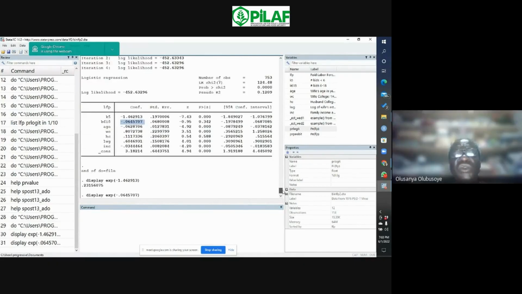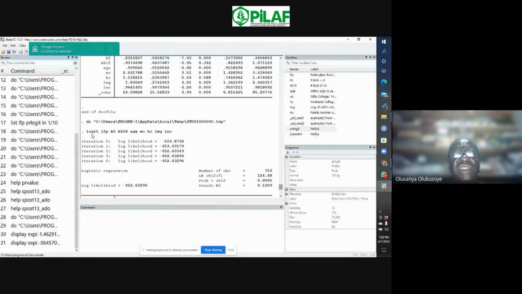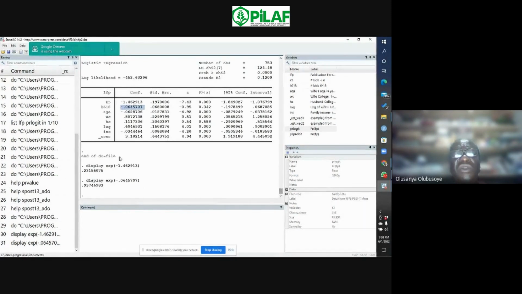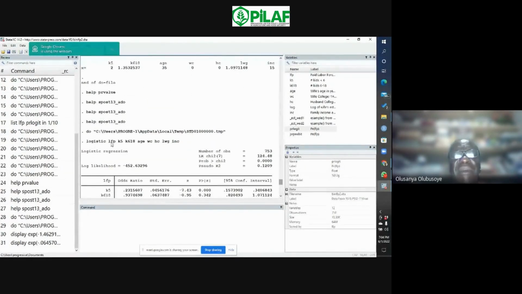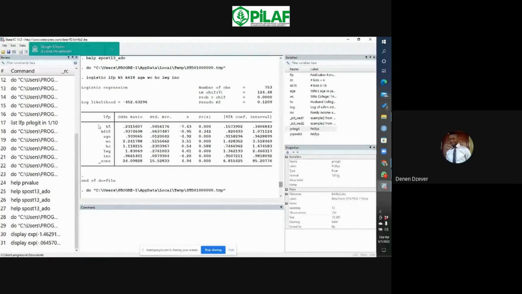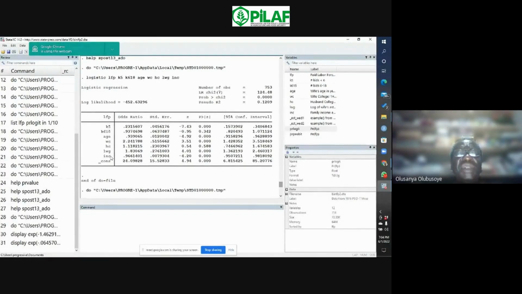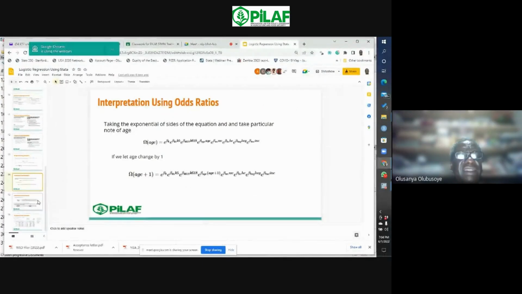So if you run your logit command and you get coefficients, for you to interpret in terms of odds ratios, you need to take the exponent of the coefficient. Otherwise, you will need to use the logistic command. If you use the logistic command, then it will give you the odds ratio straight away for each predictor. Is that okay, everybody? So you will now interpret that odds ratio.